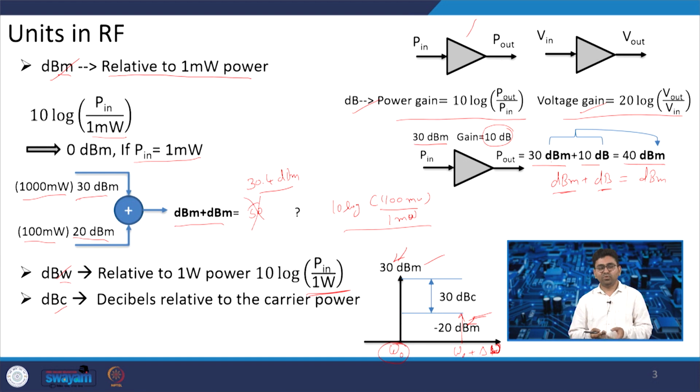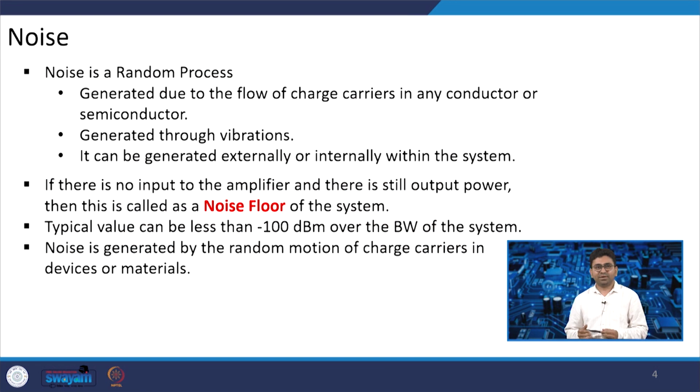Now let us move to noise, which is important for this entire course. In any electronic system, there is noise, and we need to deal with the noise and try to get the signal out. We have all studied what noise is.